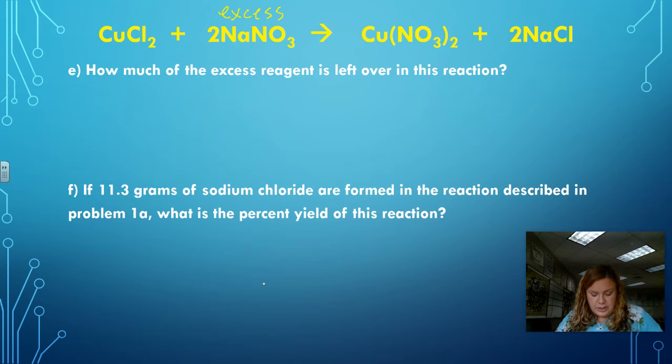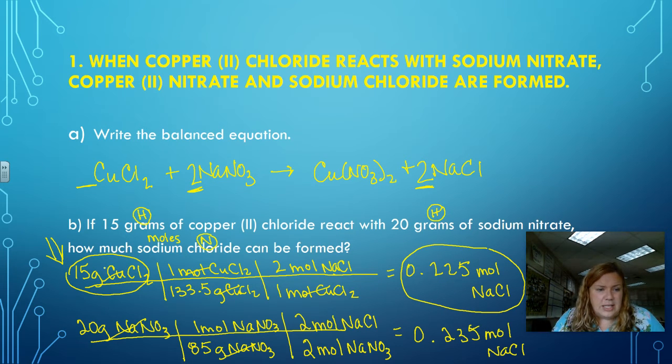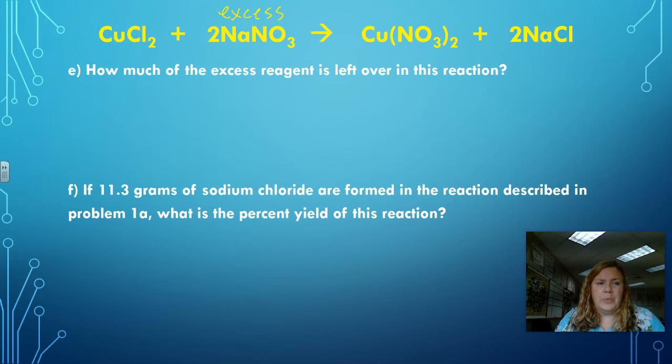And so what we're going to do is take from our problem from above, and say, okay, if we have, let's go back to this wonderful number here, 15 grams of copper 2 chloride. That's our limiting reagent, and that's how much we have. So we have to base everything else on that 15 grams of copper 2 chloride.